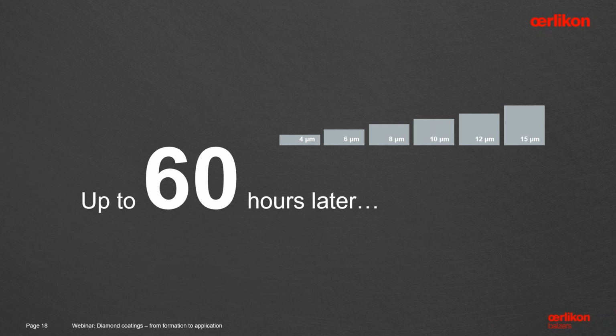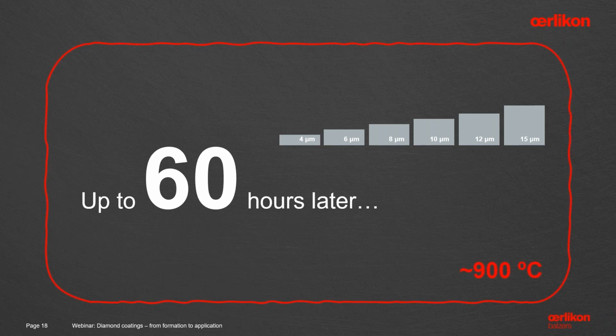So here CVD diamond is quite a long process as well, and also somewhat energy consuming. This process during 60 hours is run at about 800 to 900 degrees C to ensure the chemical CVD reaction to happen and grow diamond.